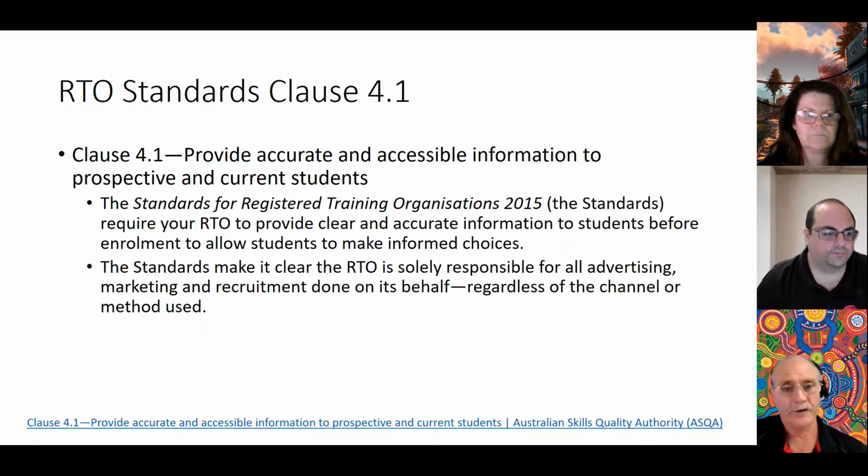The standards require the RTO to provide clear and accurate information to students before enrolment to allow students to make informed choices. The standards make it clear that the RTO is solely responsible for all advertising, marketing and recruitment done on its behalf, regardless of the channel or the method used.